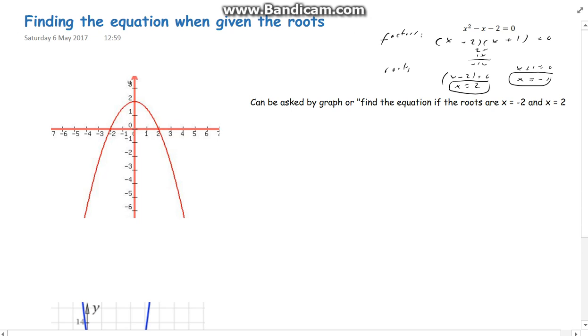So what I'm trying to show you from this is, when we're finding the equation when we're given the roots, technically what we're doing is working backwards. We're working from our roots to our factors to then finding our equation.